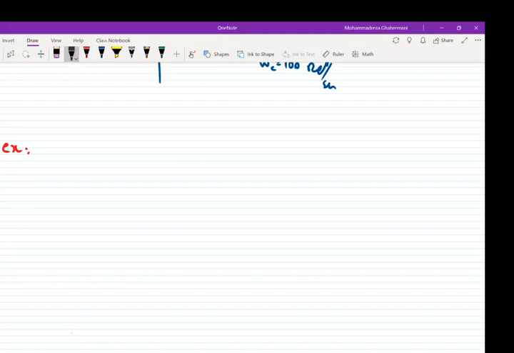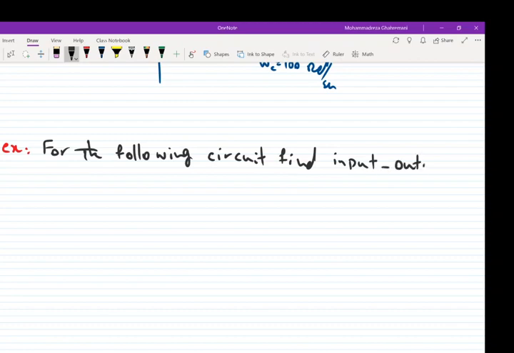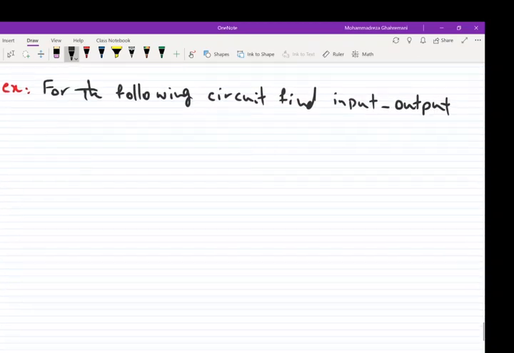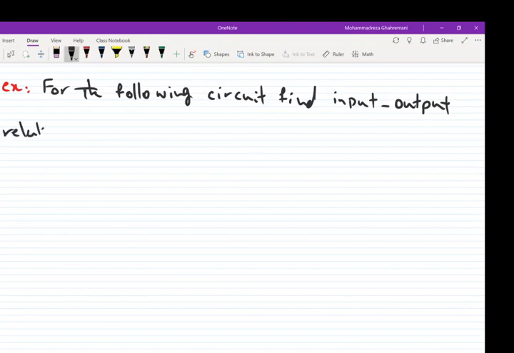We want to solve this problem for the following circuit. Find the input output relationship Vo over Vs.